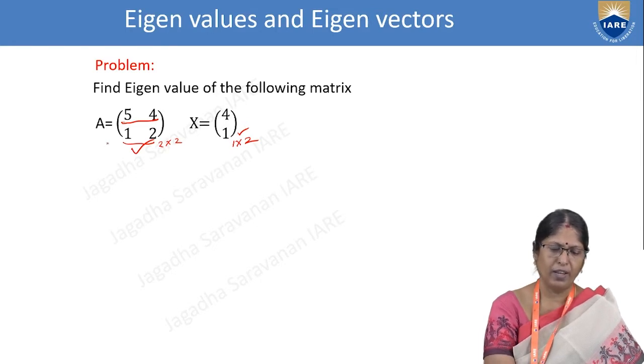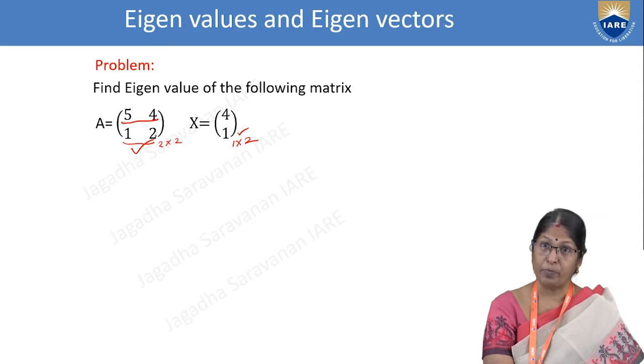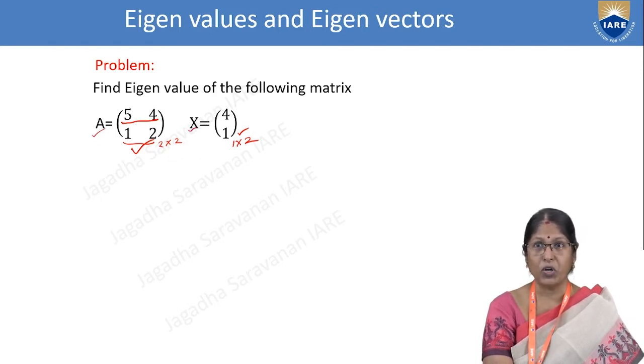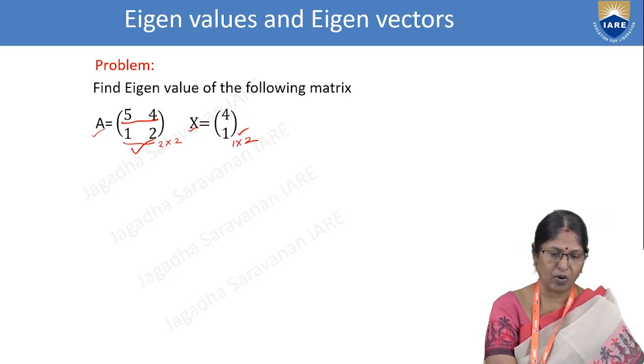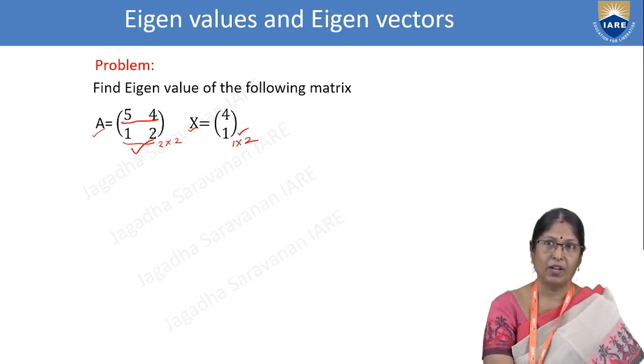All matrices are represented by capital letters, that is uppercase letters. Elements will be lowercase, real numbers or complex numbers. They are all called elements. Now, capital A is given, capital X is given.